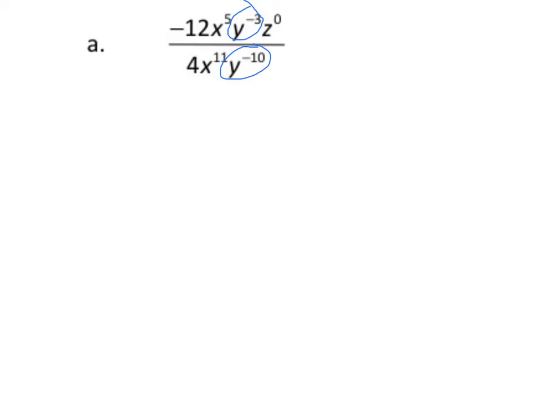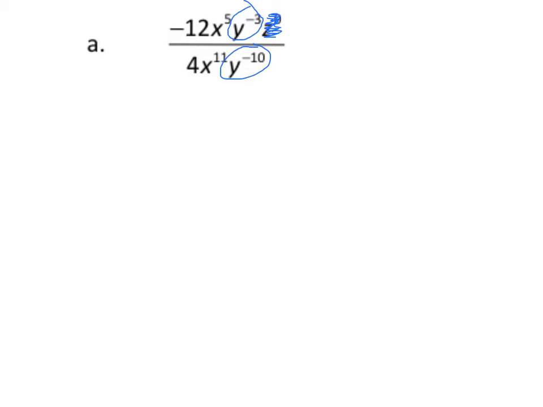Everything else can stay where it is, although z to the 0, remember that anything to the 0 power equals 1. So I can basically just cross off this z to the 0 power because it equals 1, and I don't need to write times 1. So anything to the 0 power can kind of just go away.